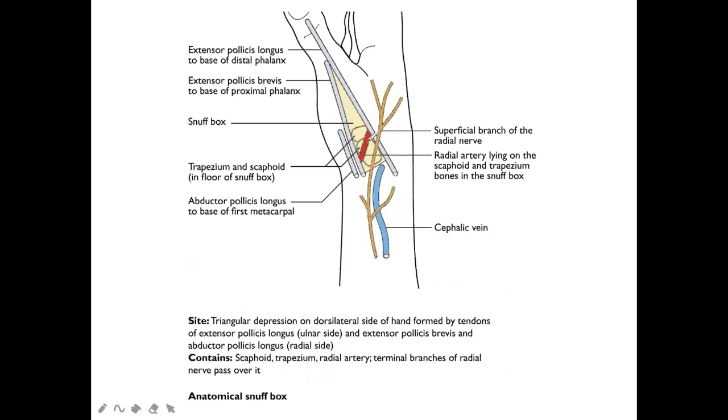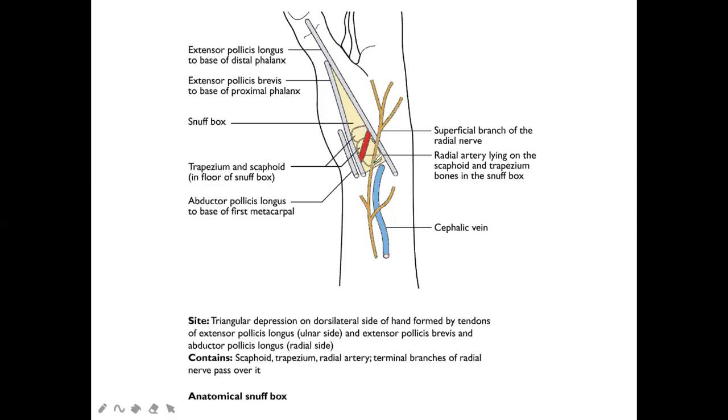The cephalic vein passes superficially, and deep to that, beneath these tendons, we find the radial artery. Also passing superficially is the superficial branch of the radial nerve, going to supply the dorsum of the hand.